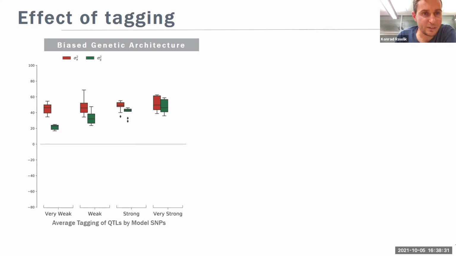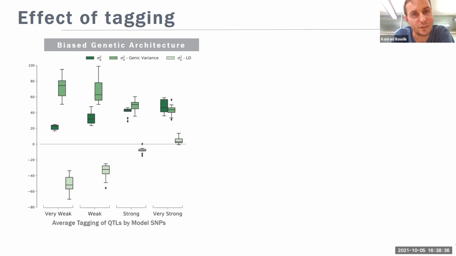But what's interesting is if you break this up into the two components, genetic variance and LD contributions, the architecture changes dramatically between the very weak tagging scenario and the very strong tagging scenario.